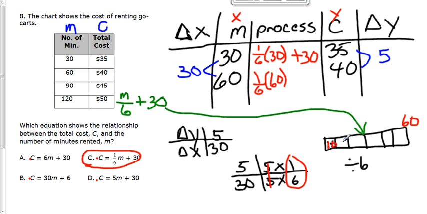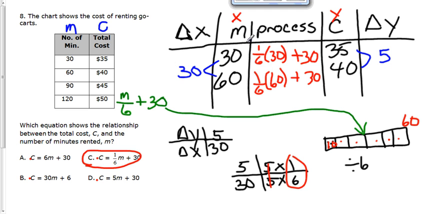So this is 10, 10, 10, 10, 10, 10. The opposite of multiply is divide. So that's 10 plus the 30 is equal to 40. Now, guys, I didn't have to finish that table or that explanation for you to know that it was answer C.